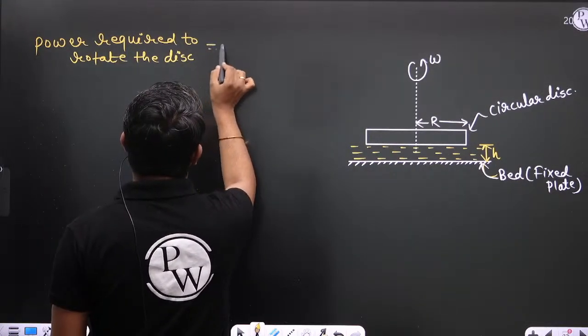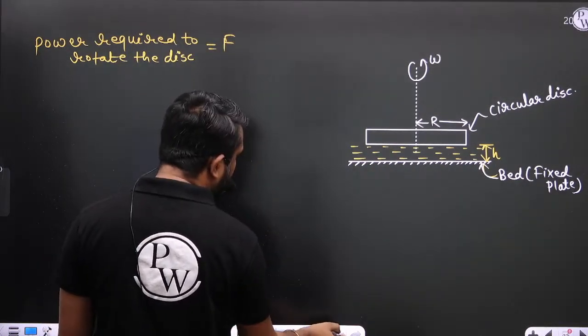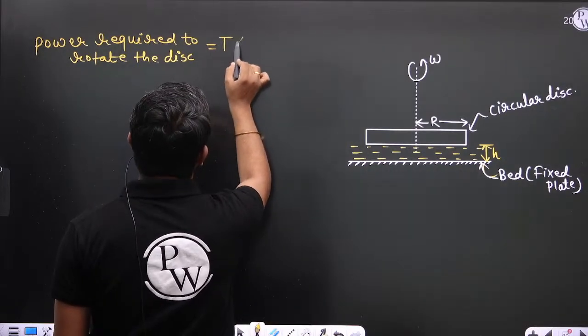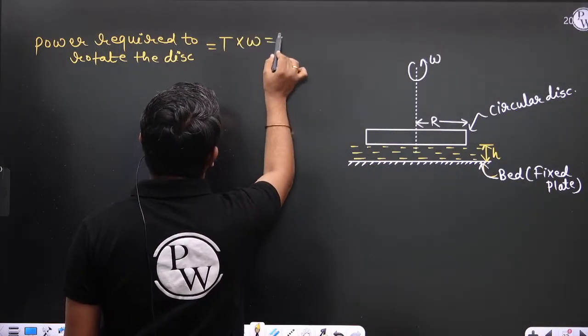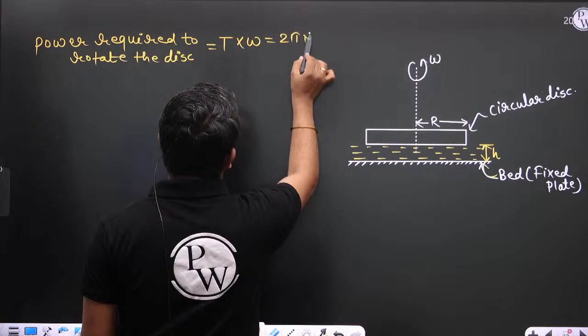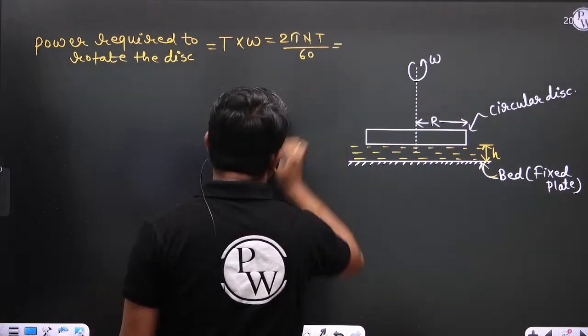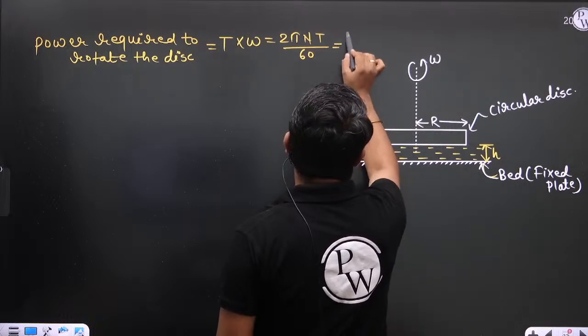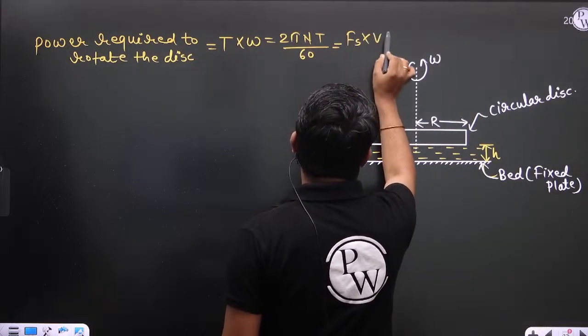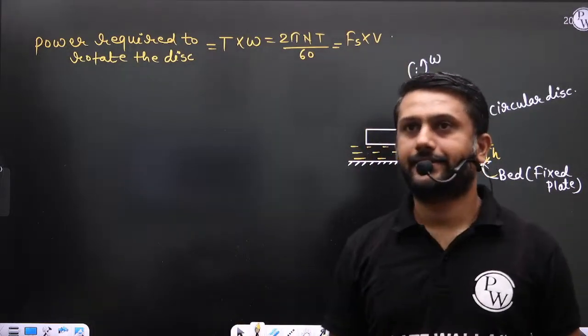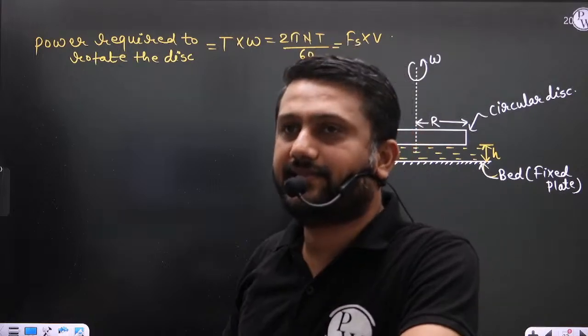Simply we can say this is T multiplied by omega, or we can say tau, or 2 pi NT by 60, or we can say shear force multiplied by velocity of the disc. Right? We can say like this.